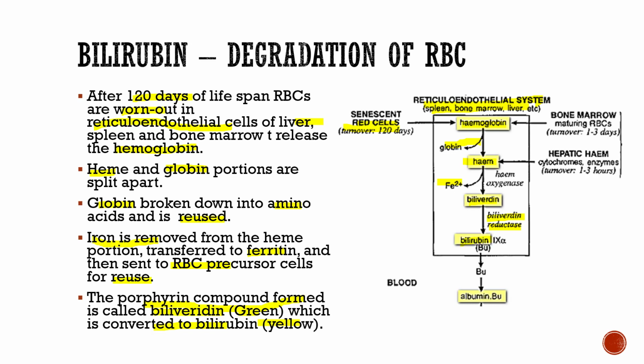The bilirubin synthesized here in the reticuloendothelial cell is transported through the blood by binding with albumin. So the bilirubin albumin complex is known as the indirect bilirubin or unconjugated bilirubin in the first stage.